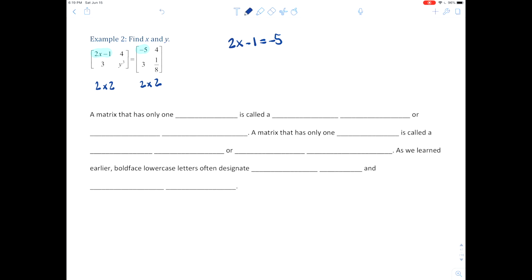And now, let's just go ahead and solve it. When I isolate the x, I'll have 2x equals -4, and x will equal -2. So that one is done.